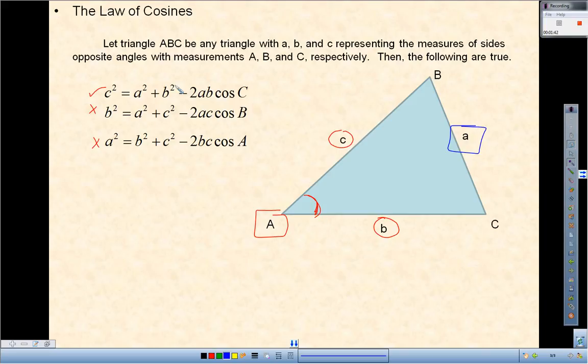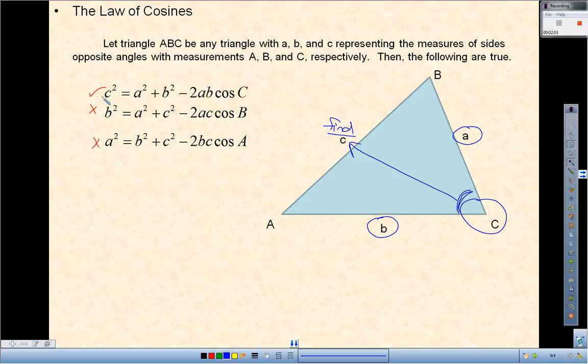And so that's what this formula says. I'm going to rewrite it again. It says that if you know a, and if you know b, and if you know the angle that's between them, you can find side c. C squared equals a squared plus b squared minus 2ab cosine C. It looks kind of like the Pythagorean theorem.